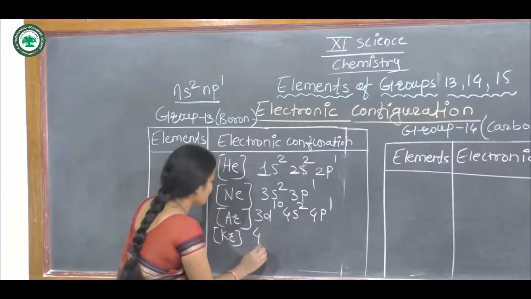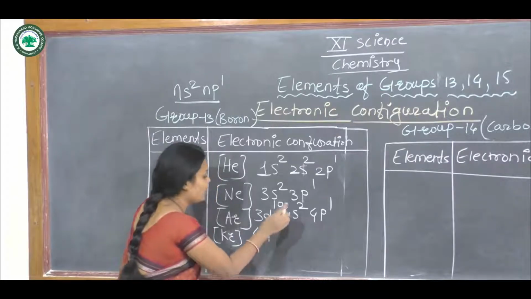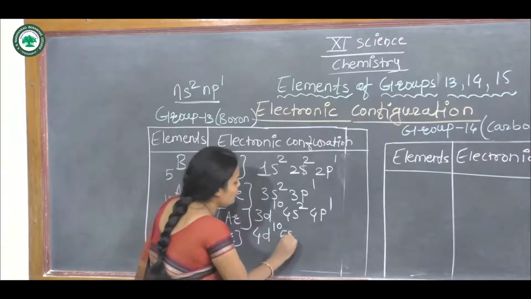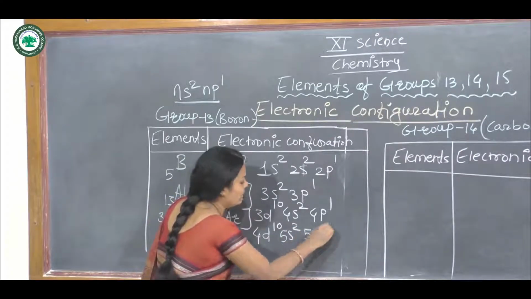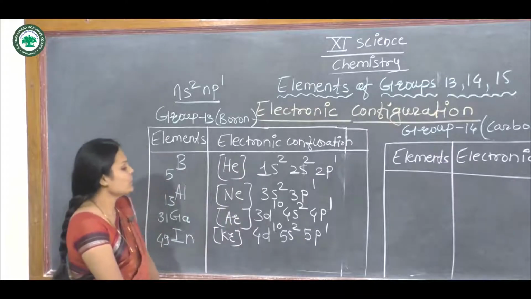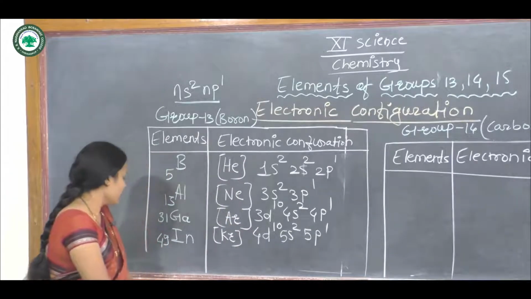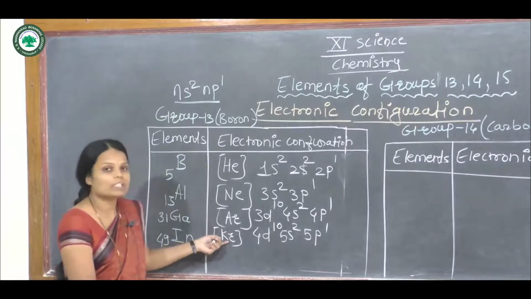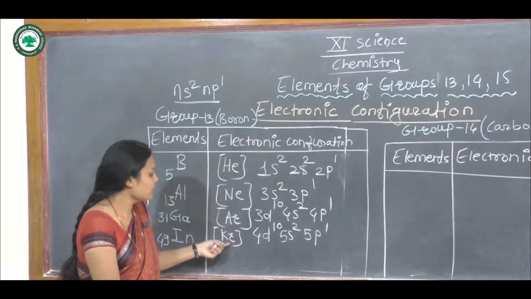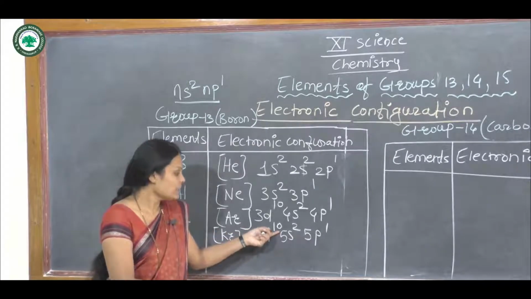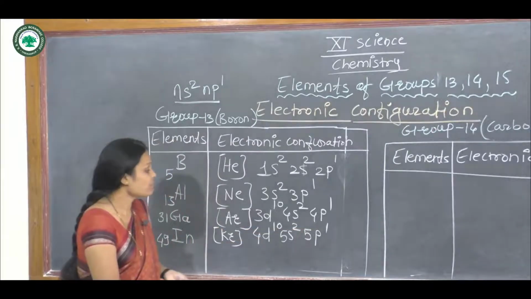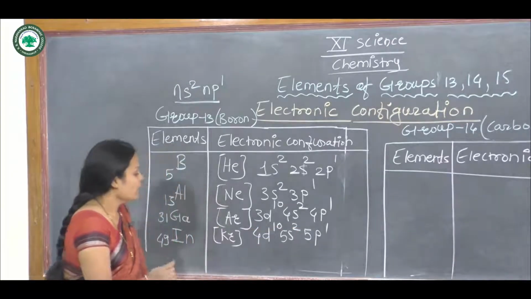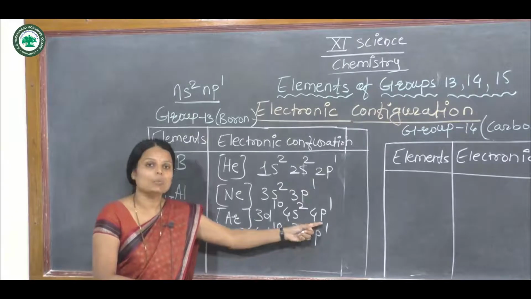Now this electronic configuration is 4d10 because of the increasing principal quantum number, then 5s2 and 5p1. This is the electronic configuration of the indium atom. Krypton is 36, plus 10 means 46, and the remaining 3 makes 49. Okay, 4d10, 5s2 and 5p1.